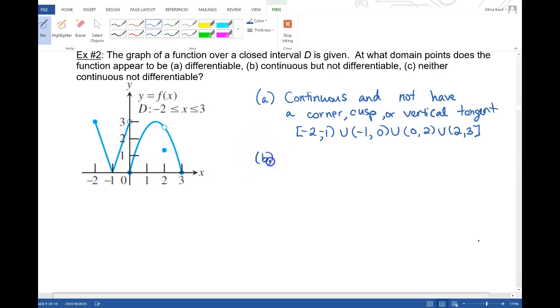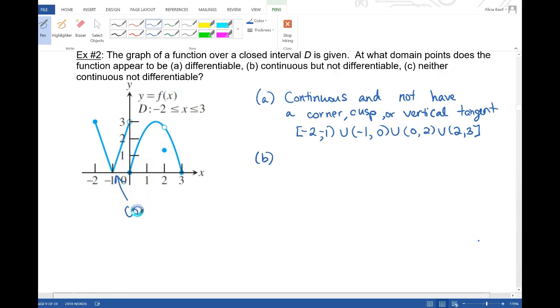All right. Where is it continuous but not differentiable? None of them. It's not continuous here. It's not continuous here. But it is continuous at -1. It's a corner. Right here is a corner.